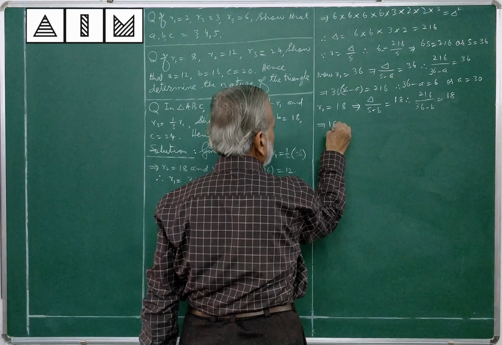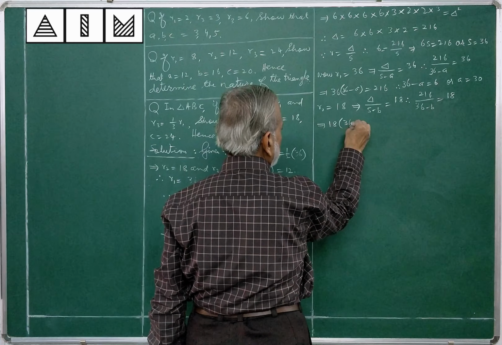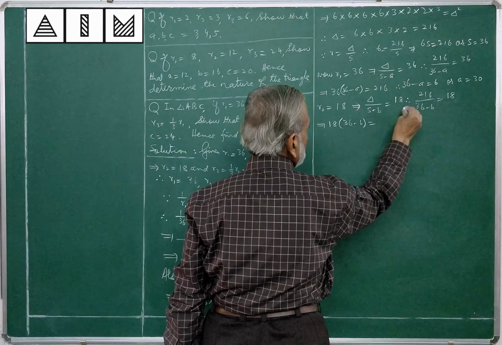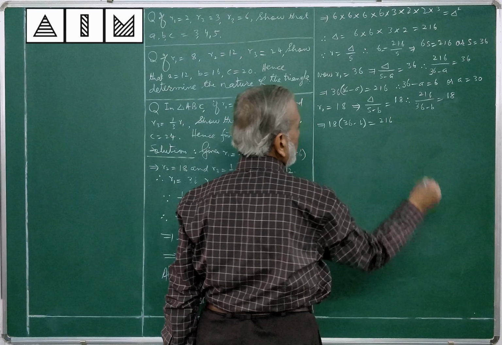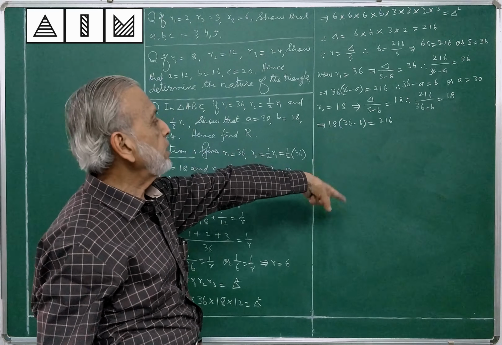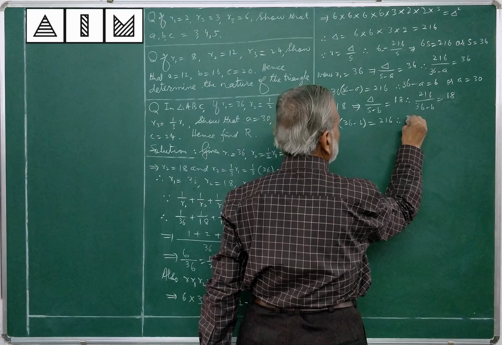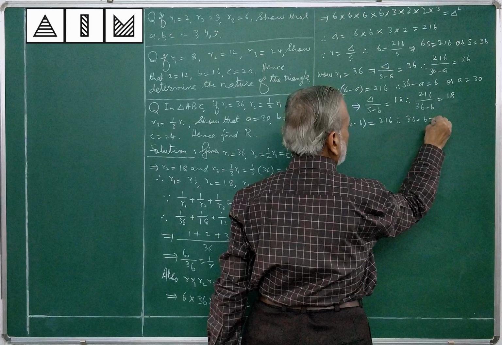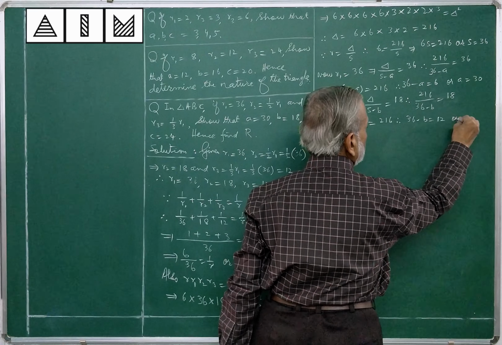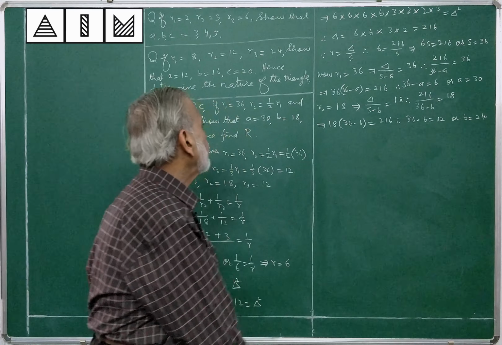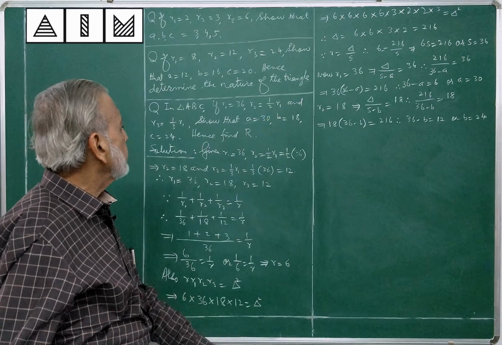Cross multiplication, 18 times 36 minus B is equal to 216. This will go 12 times here. So 36 minus B is equal to 12, or B is equal to 24. B is equal to 24. I am proceeding.